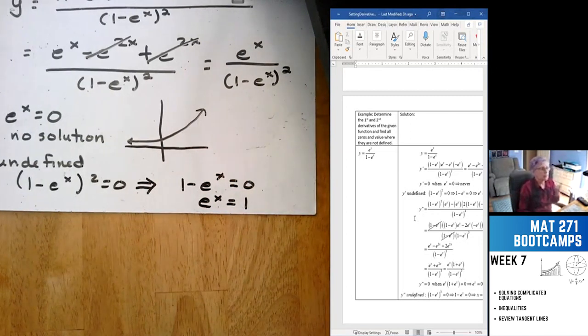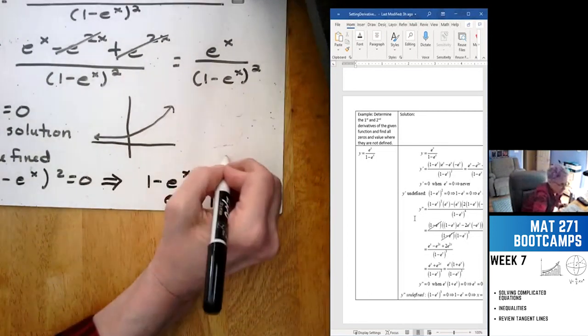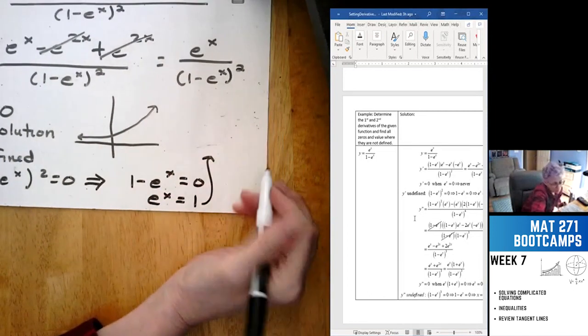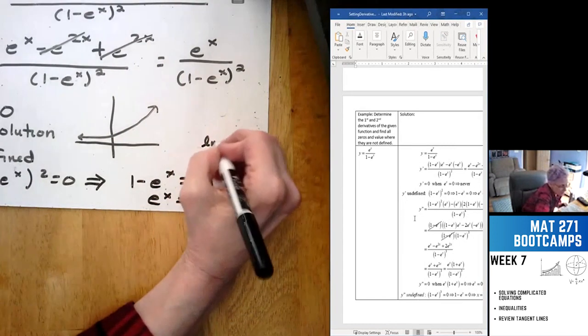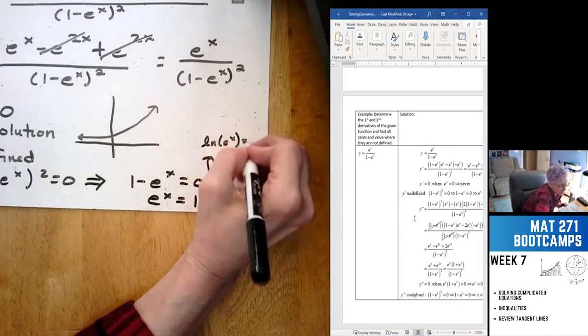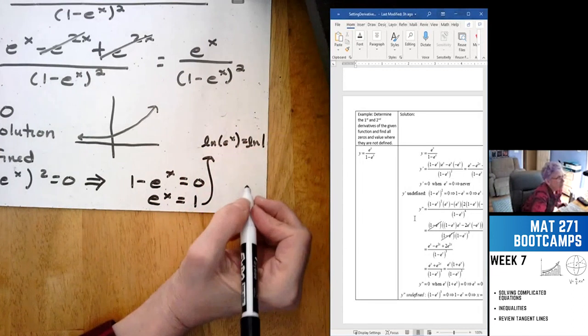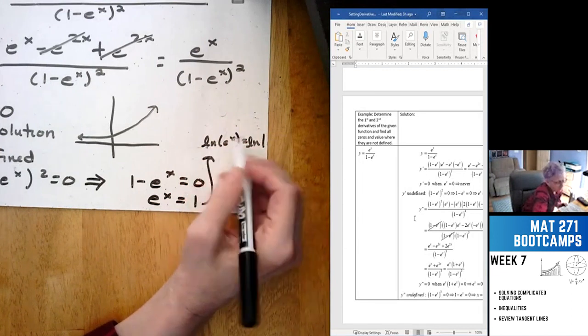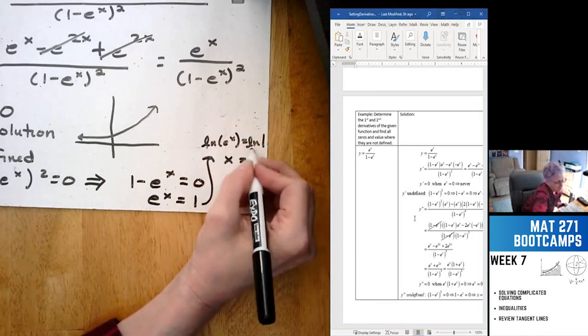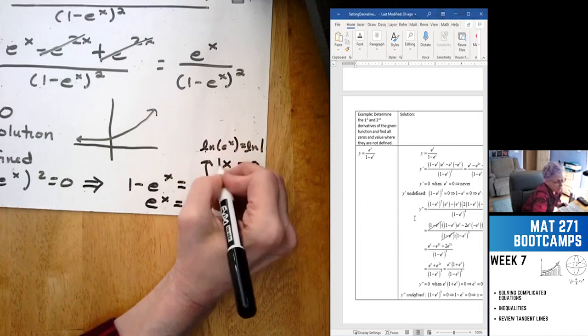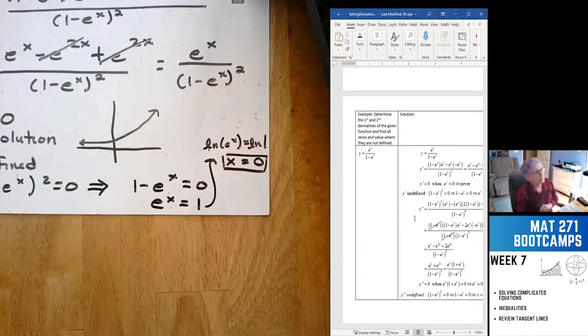Now, maybe you remember that that only happens when x is equal to 0, or maybe you do the natural log of both sides. Natural log of e to the x is equal to the natural log of 1. Natural log of e to the x is x. Natural log of 1 is 0. So this is undefined at 0.